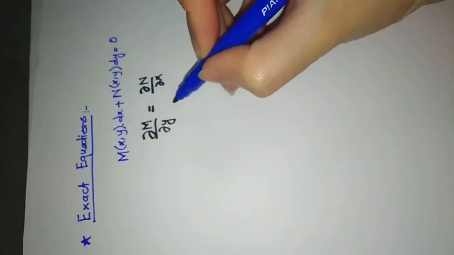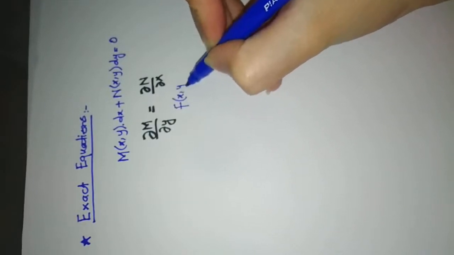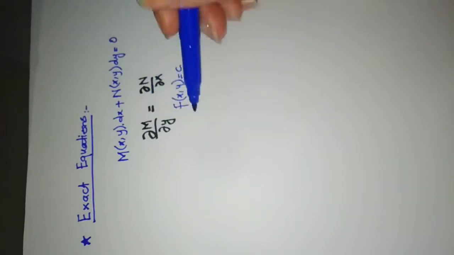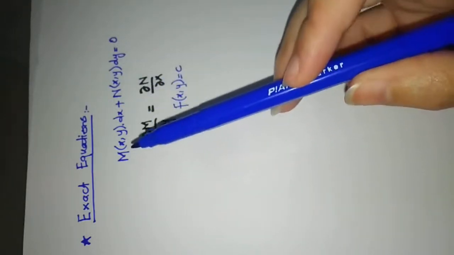So the solution is also implicit, and that is f of x, y equals c. Our objective is to find the solution in this form, f of x, y equals some constant.